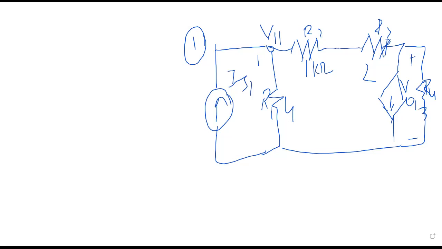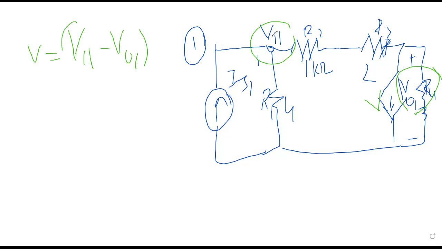Yes, sir. Okay. Now for this one, I just write the governing equation: the smaller v, the controlling voltage, equals the difference V11 minus V01 into the resistance dividing, that is here R2 and R3.